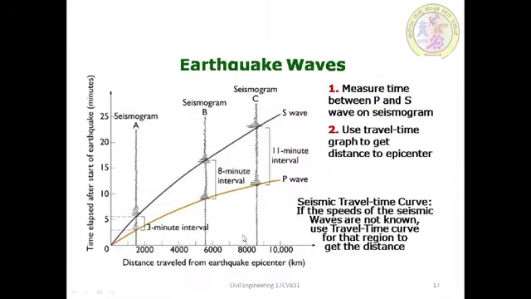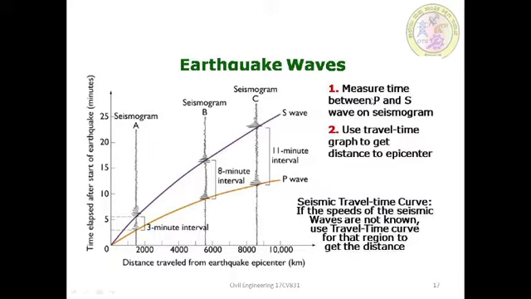Suppose the P and S difference is 3 minutes; correspondingly you have to trace it at 3 minutes, with the X direction in kilometers. Suppose at another station the difference is 8 minutes; that is B. So A is seismograph A with 3 minutes, B is seismograph B with a difference of 8 minutes, and C is seismograph C. Like that, a minimum of 3 seismographs are required to determine the exact location of the epicenter.